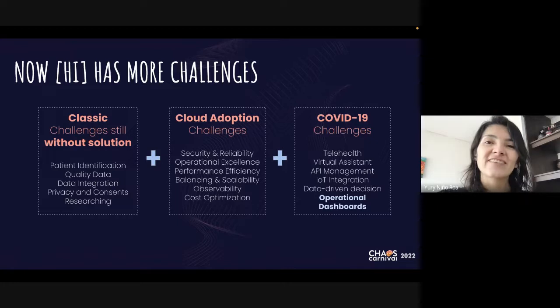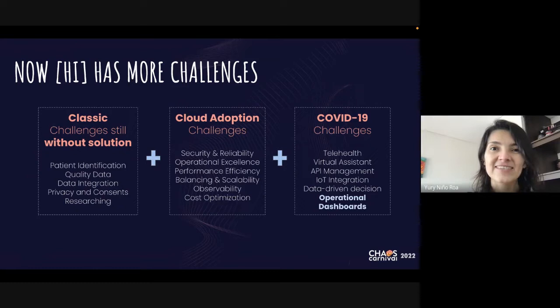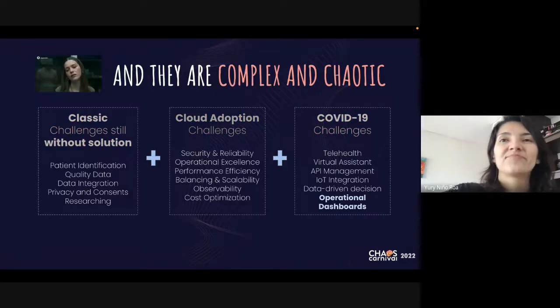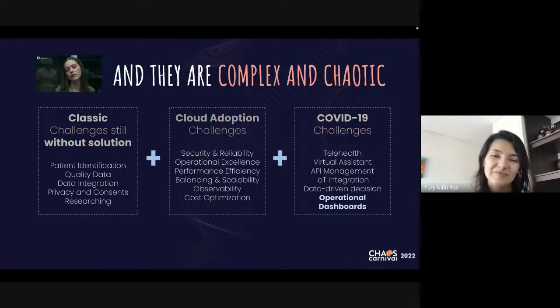And finally, if you consider COVID-19, we have to include more challenges generated by that. I am talking about telehealth, virtual assistants, API management, IoT integrations. Now there are a lot of devices for monitoring your health, for example. So data-driven decisions and operational dashboards. That is the main topic for this presentation.